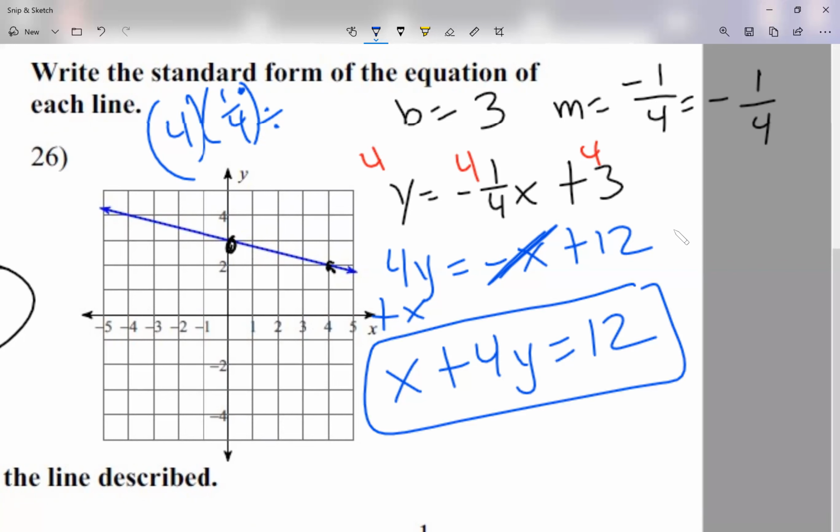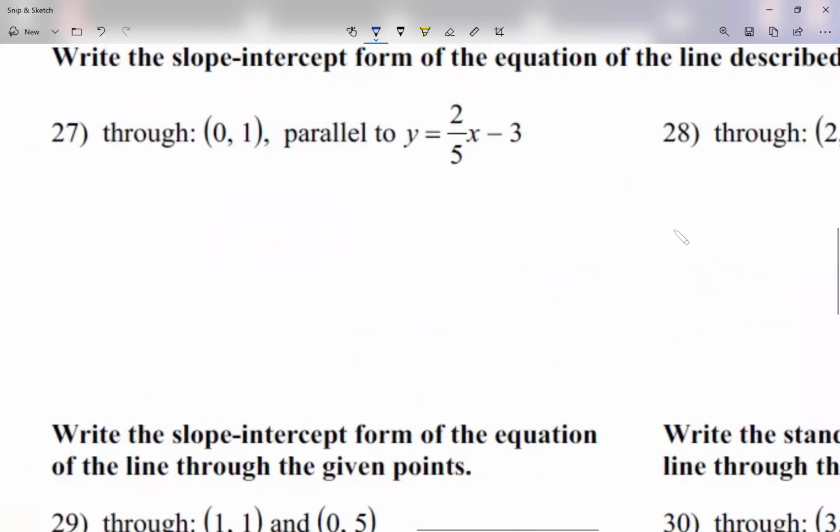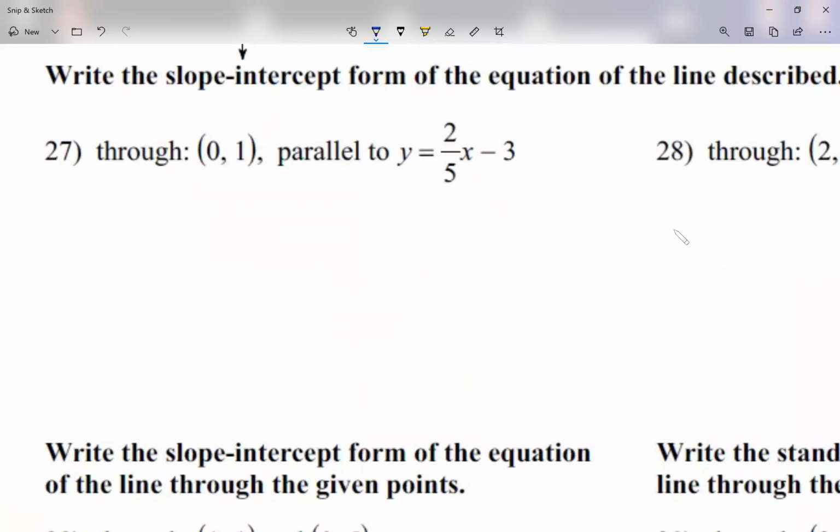Let's take a look at question 27. Write the slope intercept form of the equation of the line described. When it says parallel, I'm going to use the same slope. So my slope is 2 over 5. My first point, let me call this x1, y1.